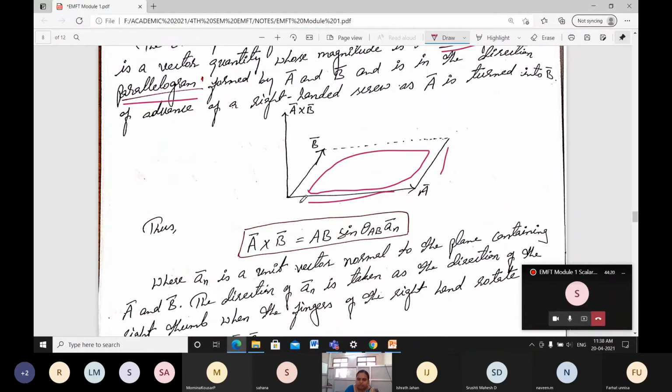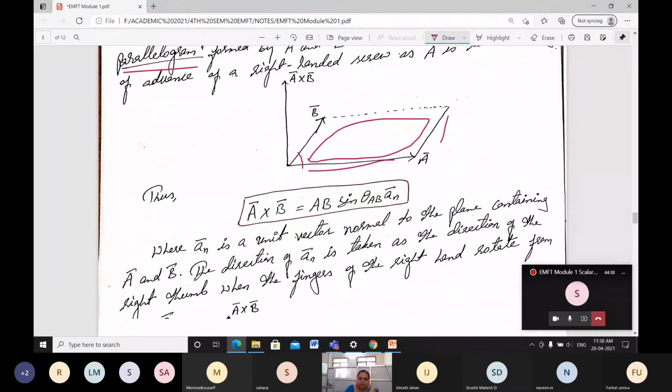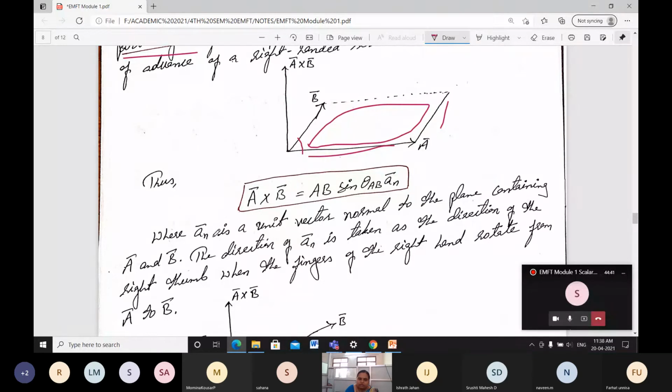For a rectangle, you write length into breadth. Then A B sine of the angle the vectors A and B make, that is sine theta AB, and the unit vector AN bar, where AN is a unit vector normal to the plane containing A bar and B bar.